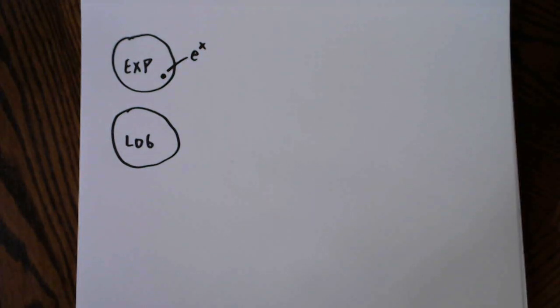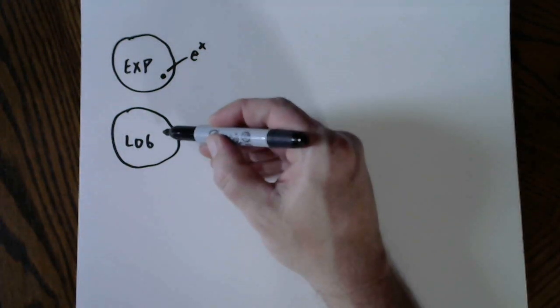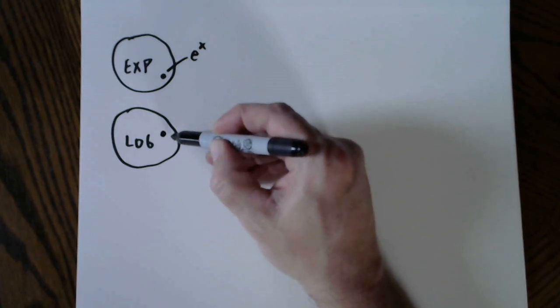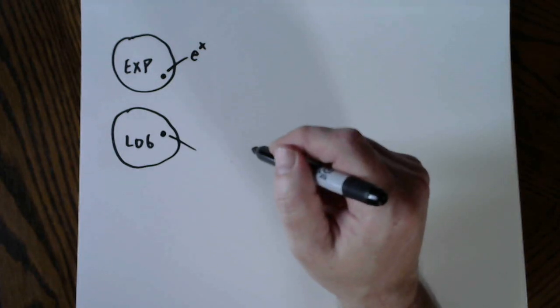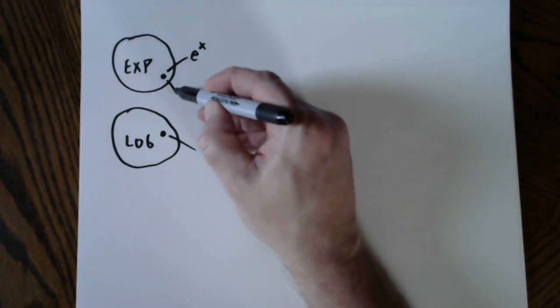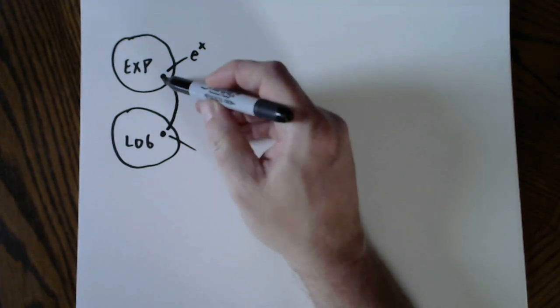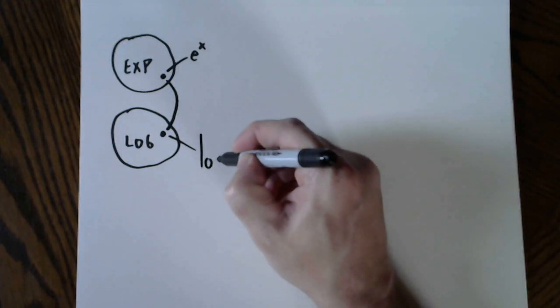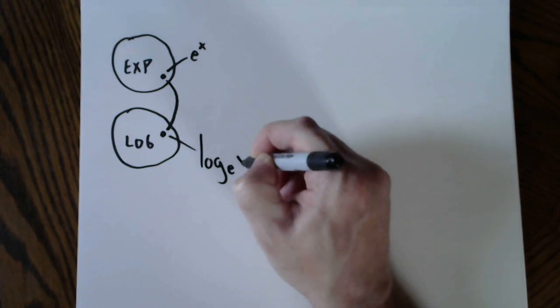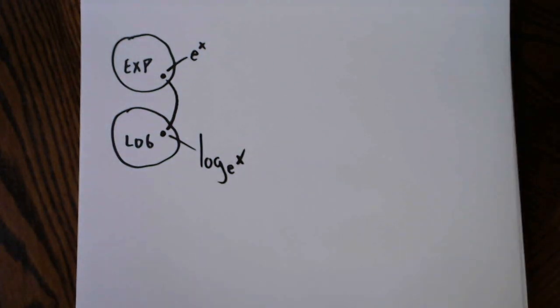That was e to the x, base e. And we're going to do the same thing here. Right? The logarithmic function of interest is the one that matches up with this. So of course that would be this.